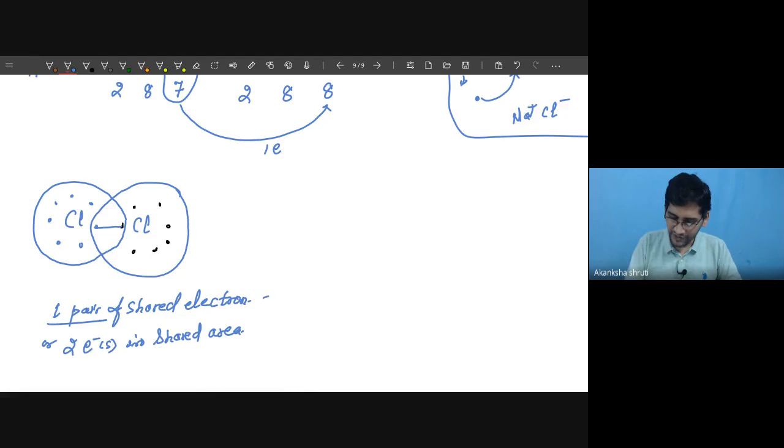Wherever only one pair is shared, it is called a single bond.